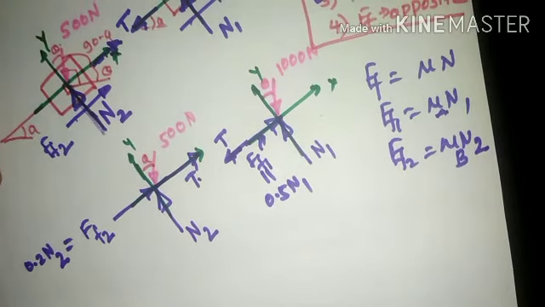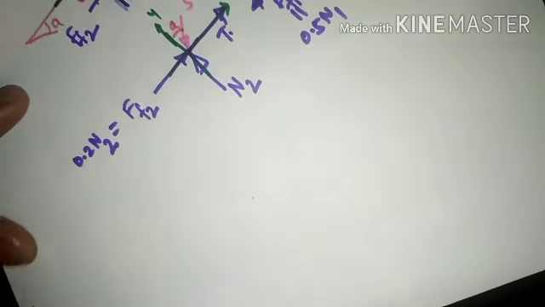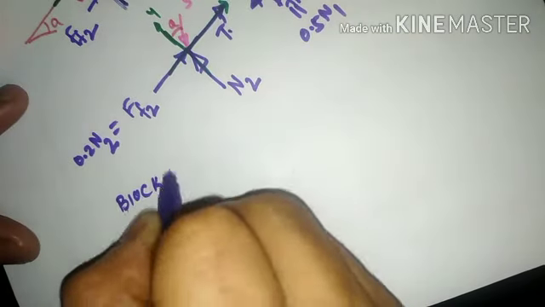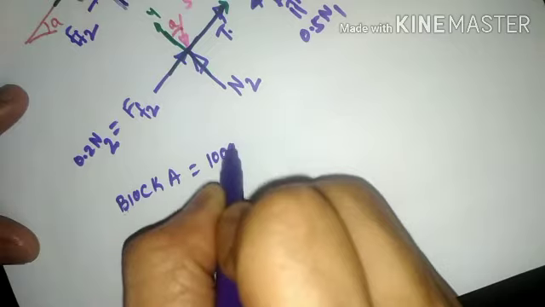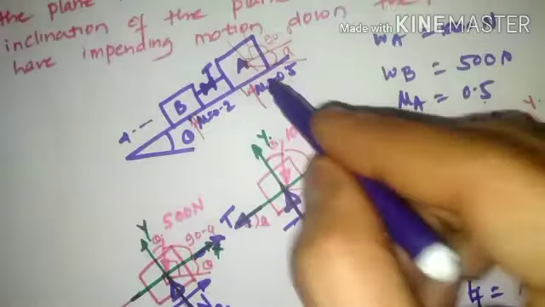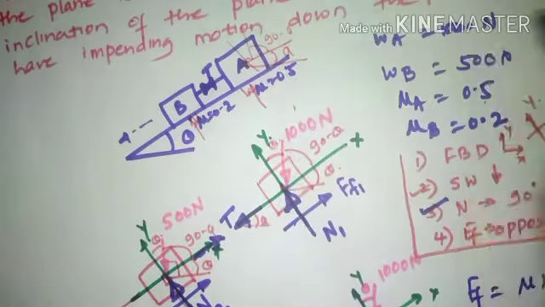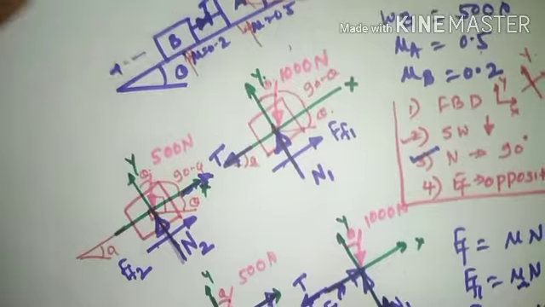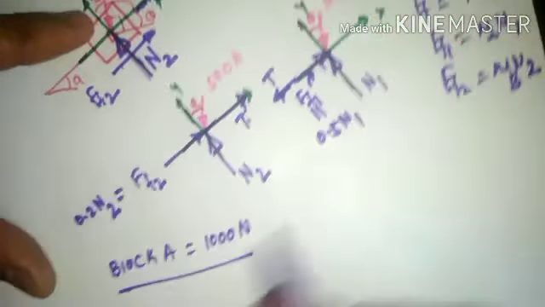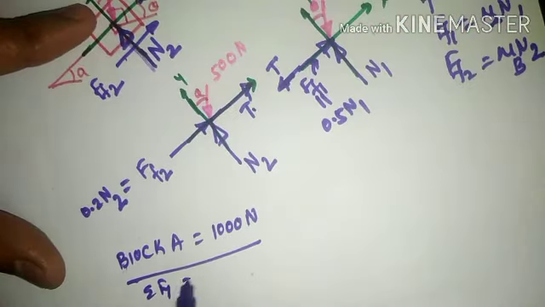We need to apply equations of equilibrium to ensure that the block does not move in the downward direction. So we shall apply first the equations of equilibrium for block A, which is of weight 1000 Newton. Which is nothing but this particular diagram we are going to refer. So take summation Fy equal to 0.